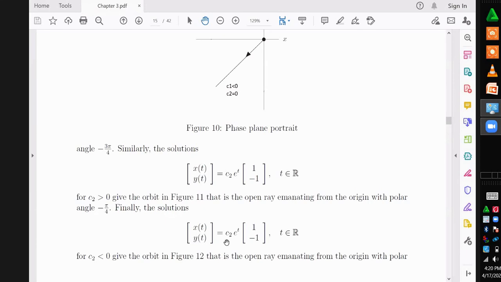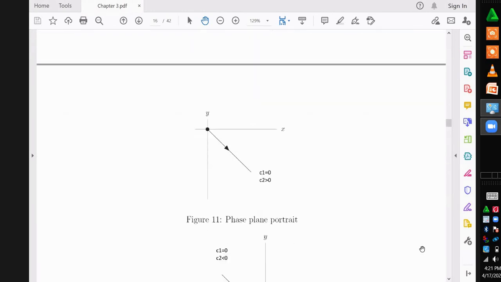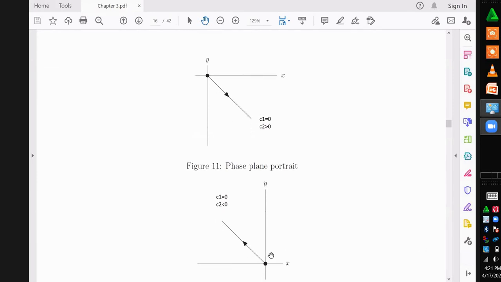And this is the solution for C1 equal to 0. So x of t is C2 exponential t, y of t is minus C2 exponential t. So you can see both are equal but of opposite sign. So for C2 less than 0, the graph of this solution is this one.